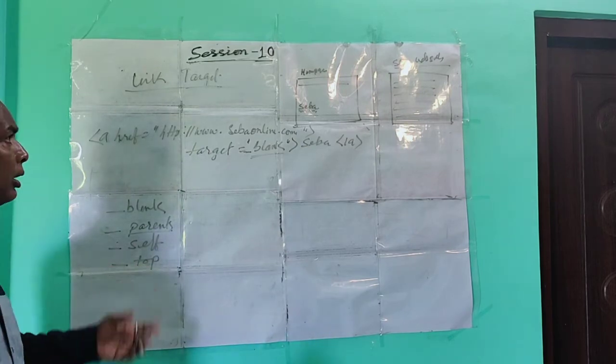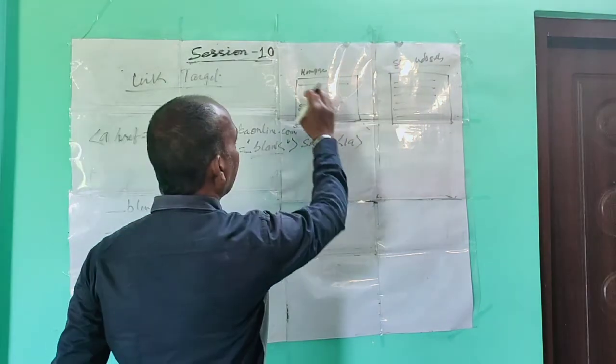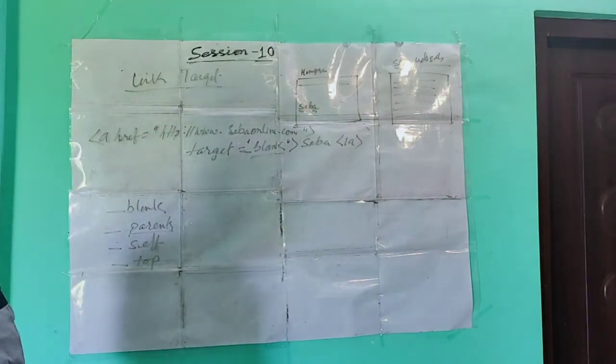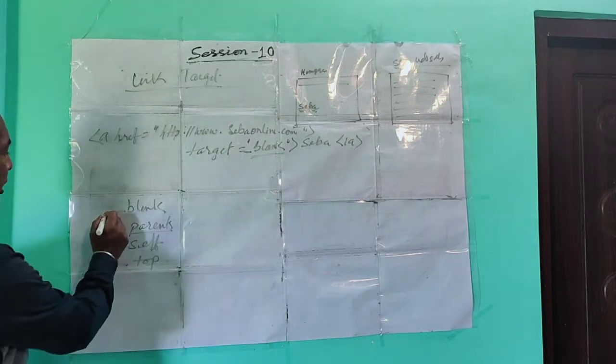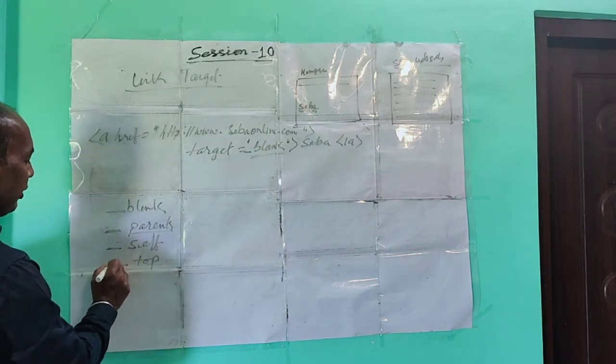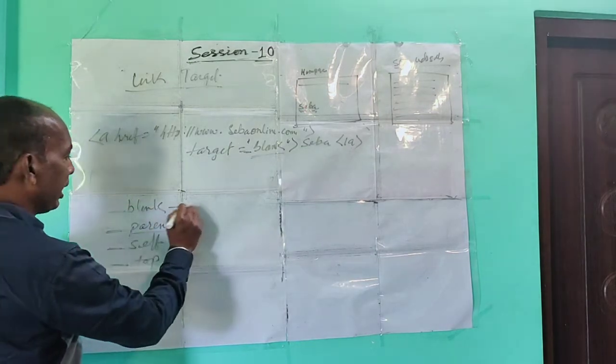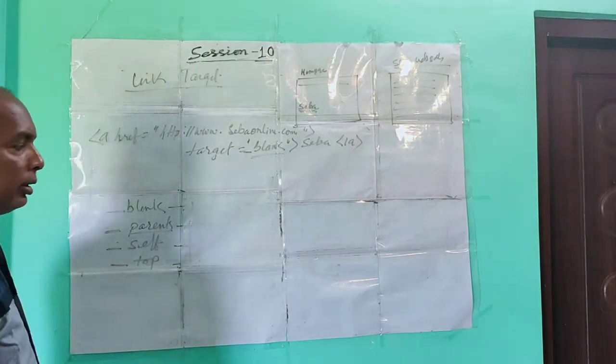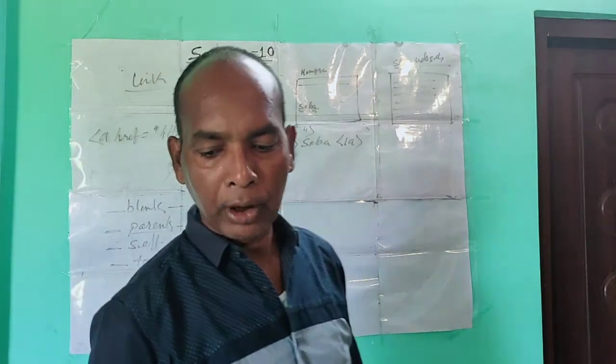And if you use top, then this will appear in a full browser window. So these are the different values used with target: blank, parent, self, and top. Learn the function of each; it will be necessary for you. Okay.